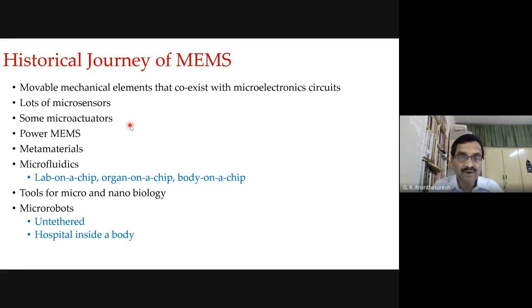And now, so far, MEMS have been tethered, meaning that they are fixed to the chip. Now, if you let them go free, make them untethered, let them go wherever they want, you have these micro robots. And a lot of work is being done on micro robotics now. And people already envision what can be called a hospital inside a body.